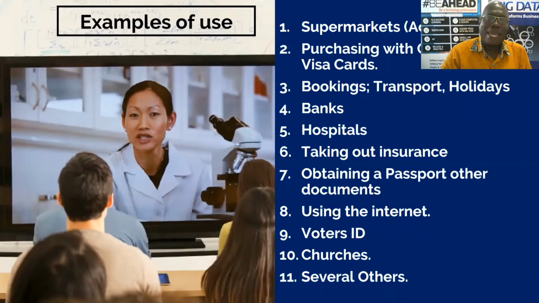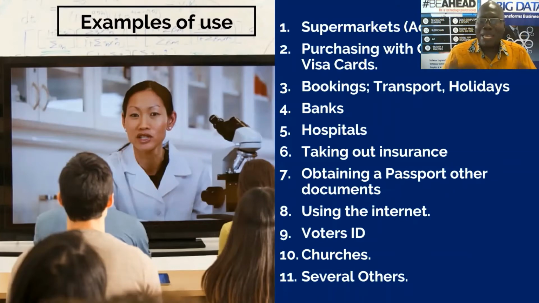If people are buying goods, the goods are reducing, so they may want to know the number of items in stock. They may want to know the items that are being bought in which quantities, which are the fastest moving items among several others. So these are some of the examples.